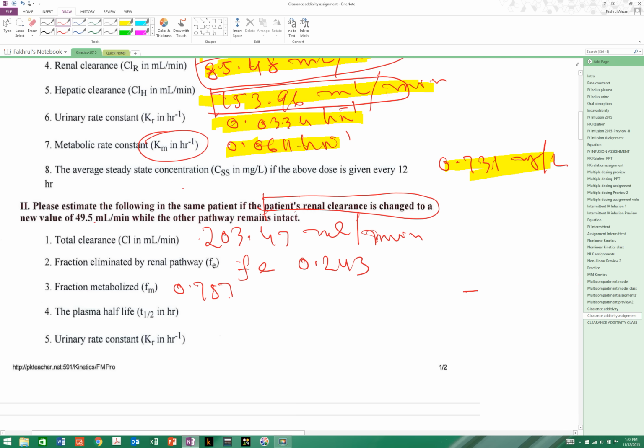And then plasma half-life. To calculate plasma half-life, we have a different clearance now.